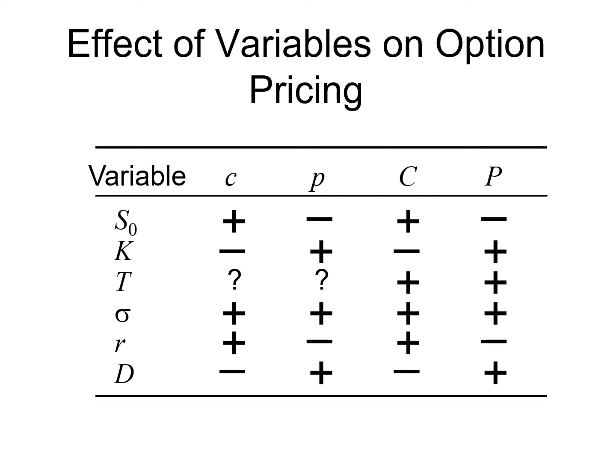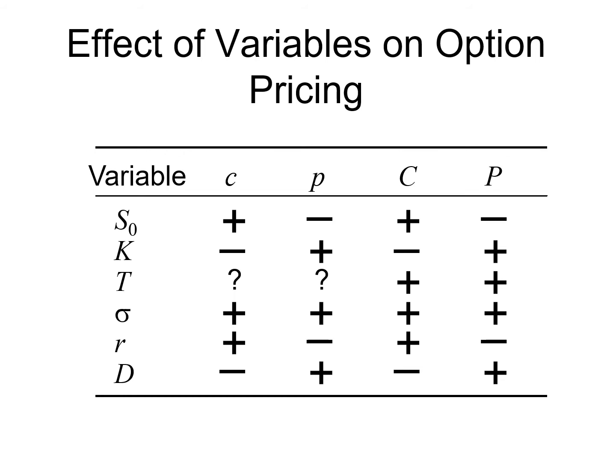We are going to have a look at the effects of variables on option pricing. The options we are considering are European call and put options and American call and put options. Small c is the European call option, small p is the European put option.